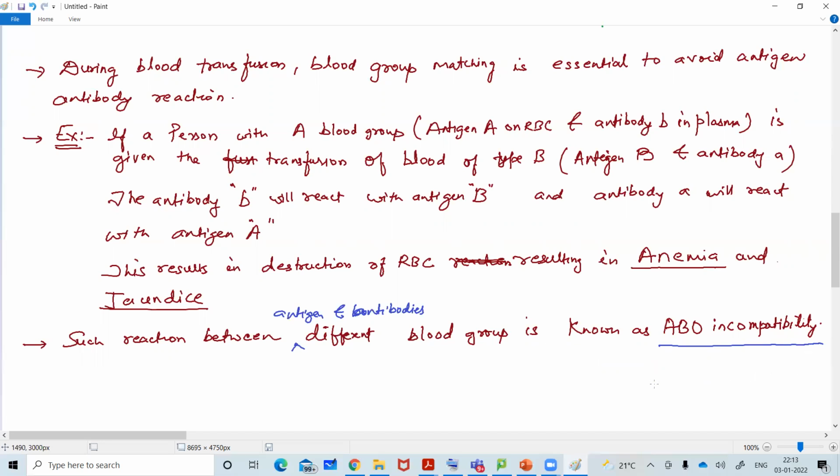So ABO incompatibility results in milder reactions like mild anemia and jaundice. So these are the causes. You can say here it leads to jaundice and anemia.